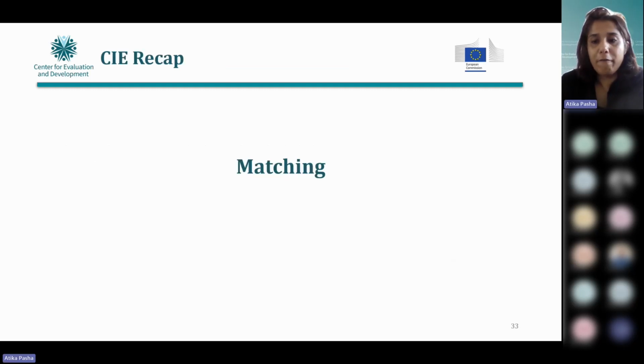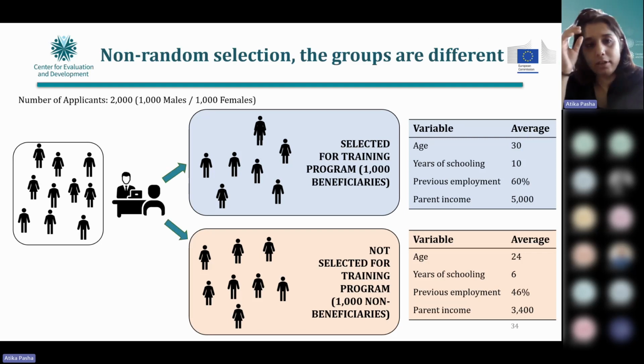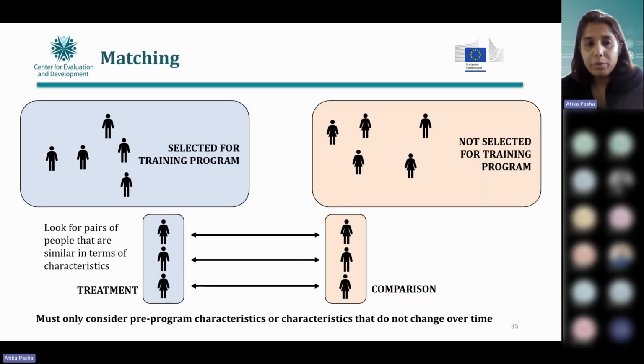Right, so for matching, the first example, again, let's say we are targeting a certain group of individuals. Those who are selected into the program are looking different than those who are not selected into the program. What one would do in terms of matching is take these two groups, and then through a technique called matching, simply look for pairs of people that are similar in terms of characteristics.